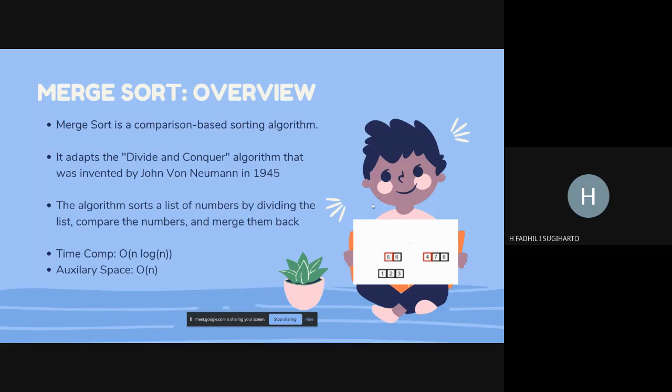Merge sort is a divide and conquer algorithm where it divides the input array or list into two halves, compares the numbers in each half, and then merges the two sorted halves back. It has a time complexity of big O of n log n, and an auxiliary space of big O of n.